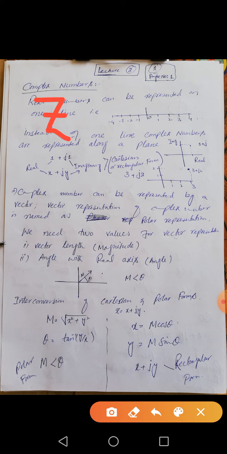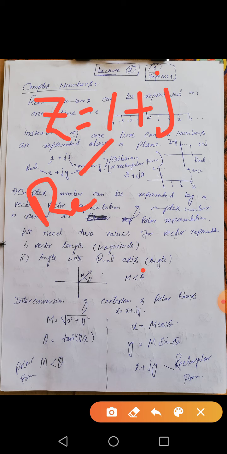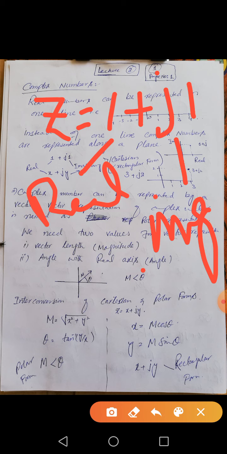If we represent a complex number by z, then z is equal to 1 plus j. In this complex number, 1 is the real part, and j represents the imaginary part. Its value here is also 1.